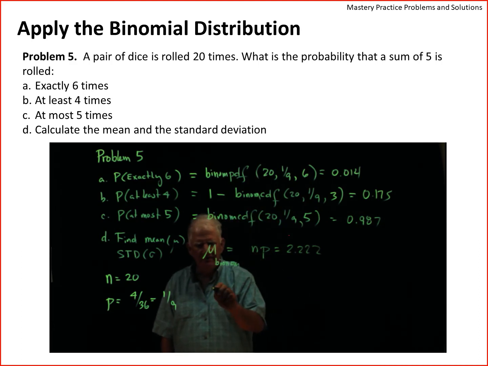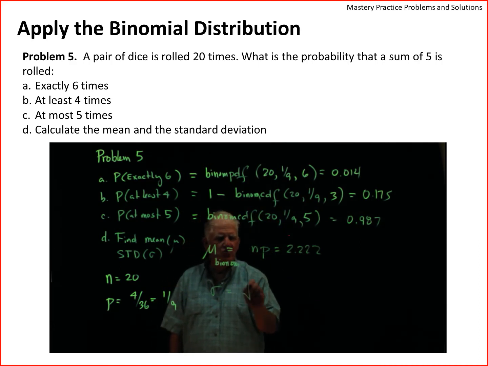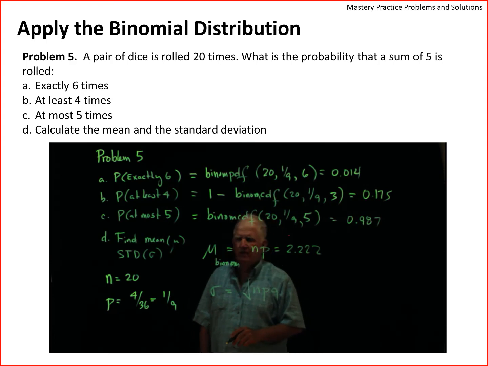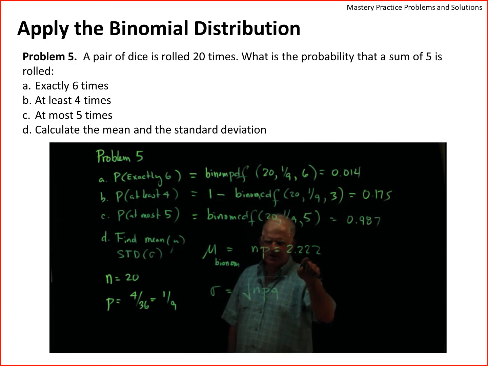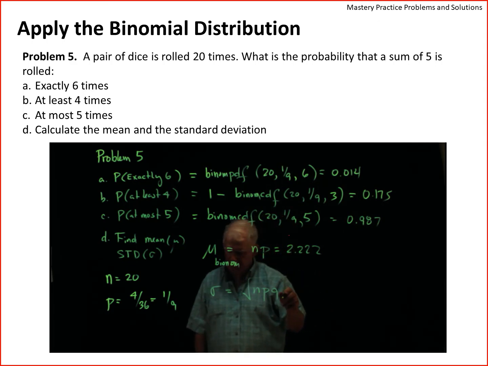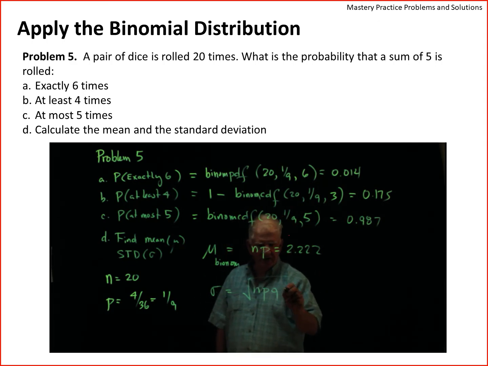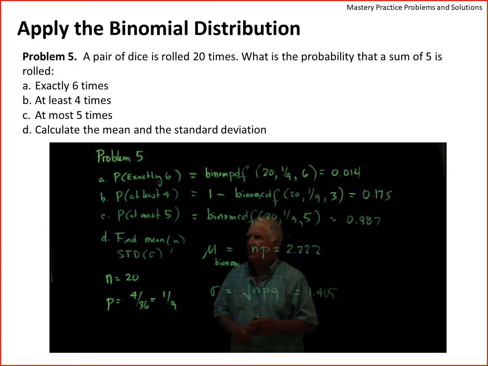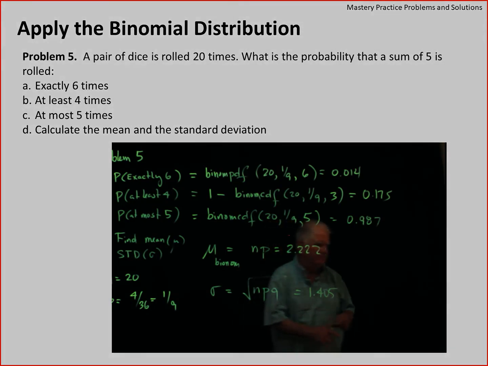And the standard deviation is the square root of npq. Q is 1 minus p, so it's this number times 8/9, take the square root. Trust me, that number is 1.405. And there you have it, there's problem 5.